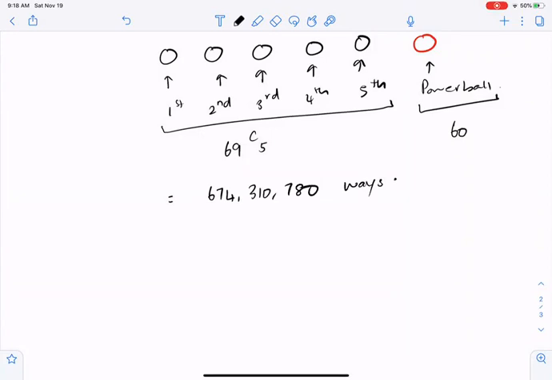Now, why do we worry about counting? This is going to lead into something called probability. Suppose someone asked you, what are the chances of winning the Powerball?